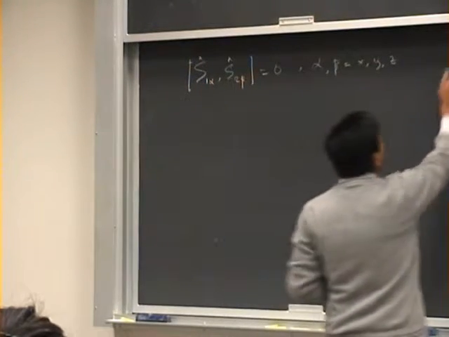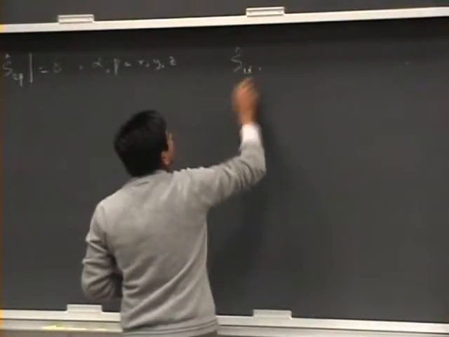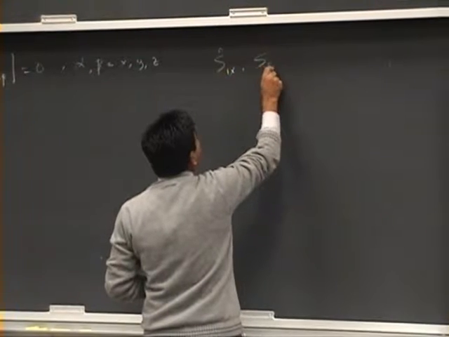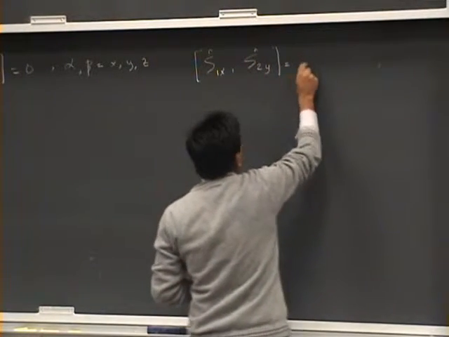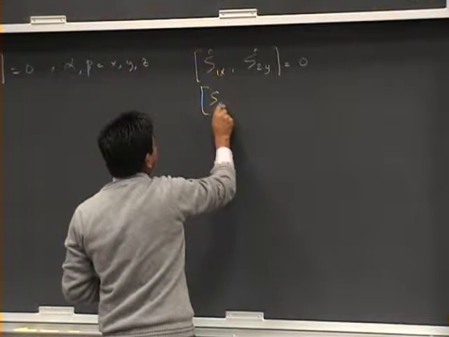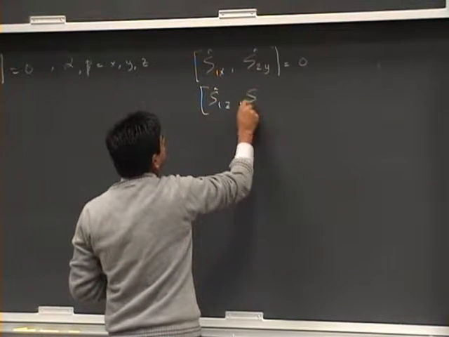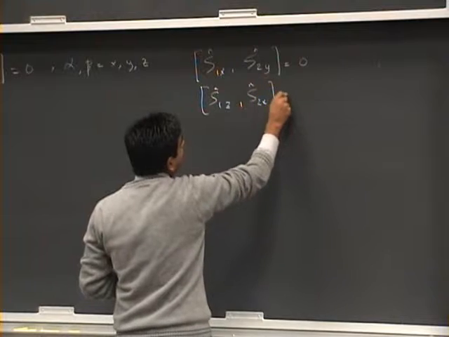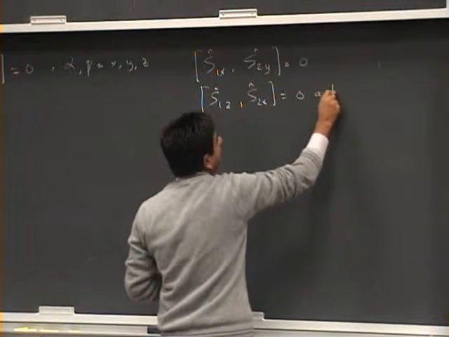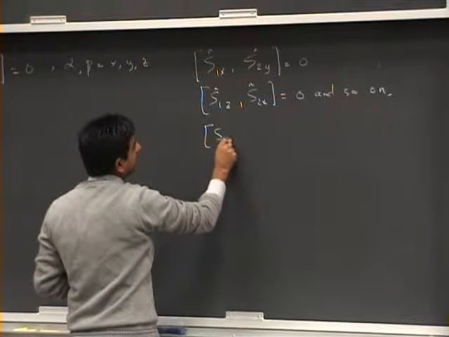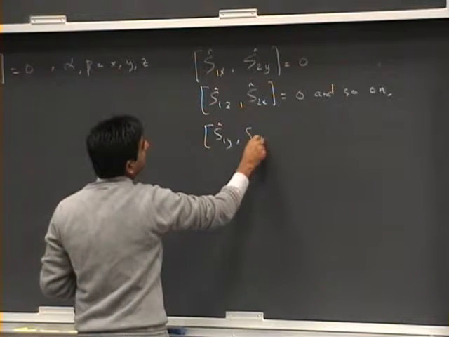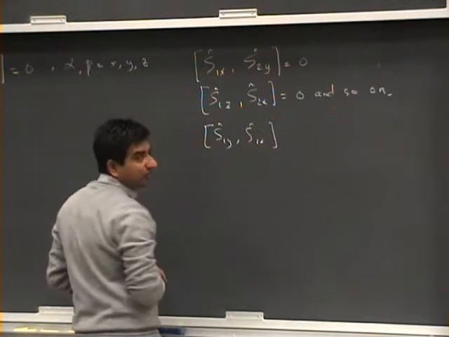Which means that S1x will commute with S2y. This will be 0. Likewise, S1z commuting with S2x will also be 0, and so on. However, S1x will not, of course, commute with S1y. This will not be 0.